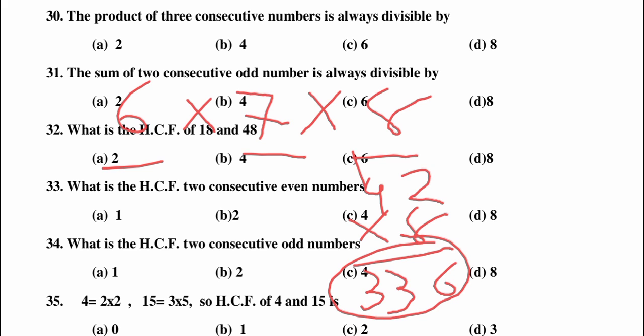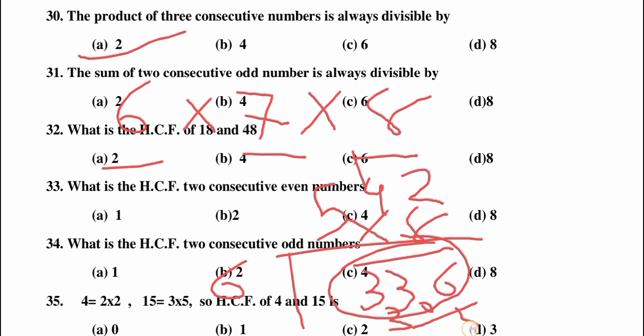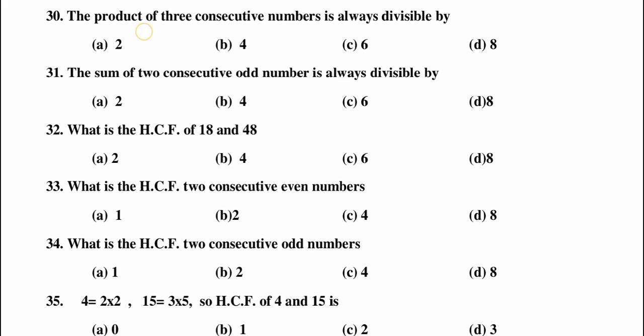Can we divide it by 2? Yes, we can divide it by 2. Let's check, can we divide by 6 or not? Yes, we can also divide by 6. So we can say that the product of three consecutive numbers is always divisible by 2 and 6. So the answer is 2 and 6.